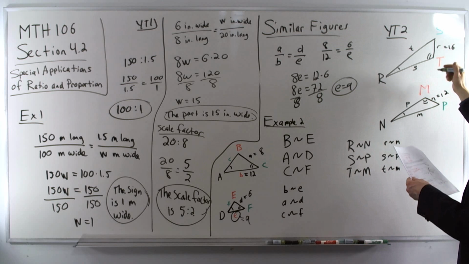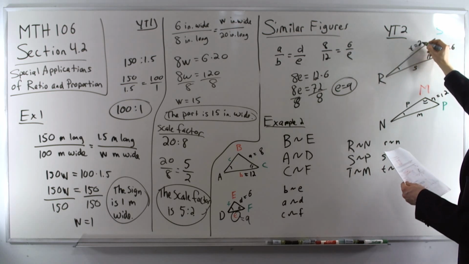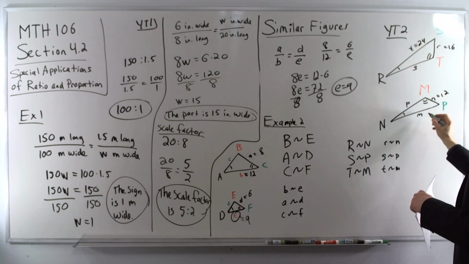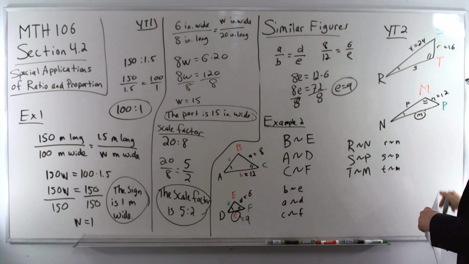And then we got t equals 24. And we're finding the side length M. So T and M correspond.